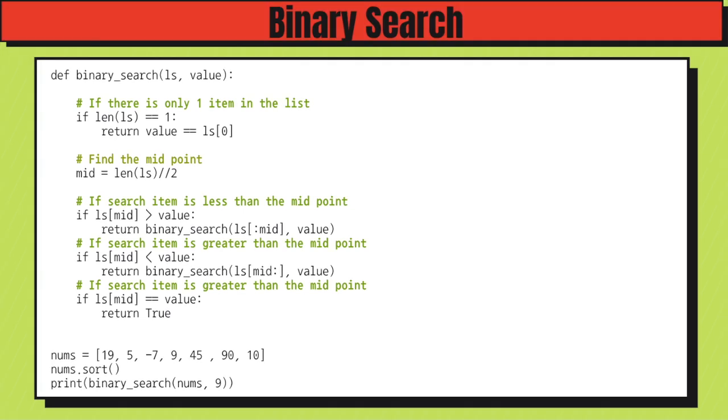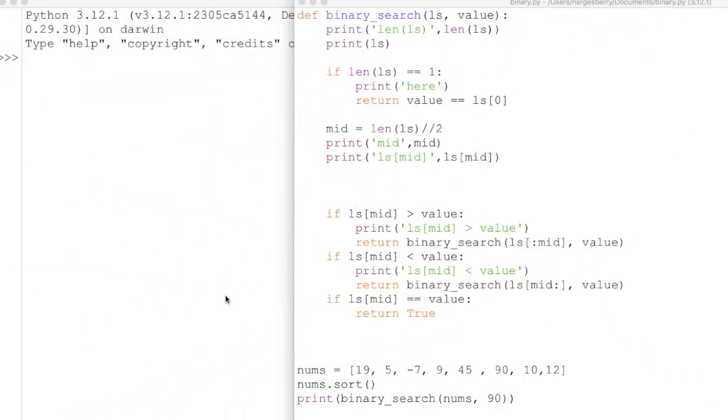And of course, another possibility is that the midpoint is equal to the value that we want to search for, in which case we return true, and that will be the end of the search. Now, the best way to understand this algorithm is to run the code. And if you have an algorithm that's a little bit difficult to understand, it's always really helpful if you add lots of print statements in your code so that you can see exactly what's going on.